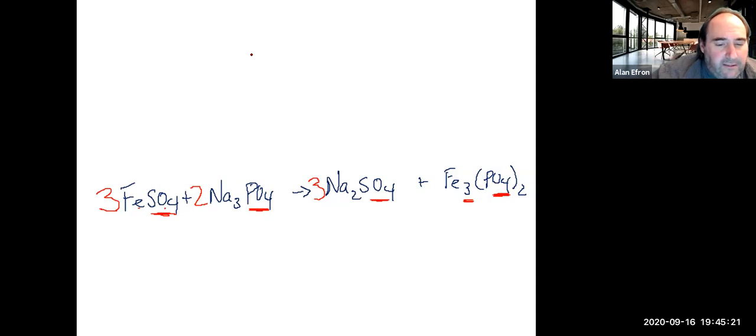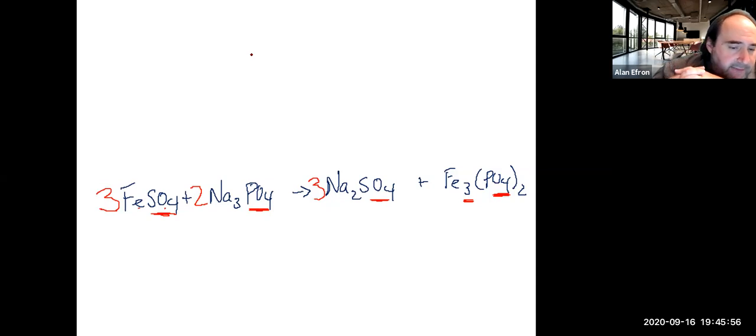So as you can see, it's a lot quicker sometimes, especially if you have these polyatomic ions, to keep them together and balance them as whole units rather than go element by element. You can go element by element like we were doing, but it gets a lot more difficult, especially with polyatomic ions, because at that point you have a lot of brackets, a lot of multiplying in and stuff like that. So again, I would recommend, if you can recognize those polyatomic ions, and they do need to be the same looking on both sides, keep them together and try to balance them as whole units.